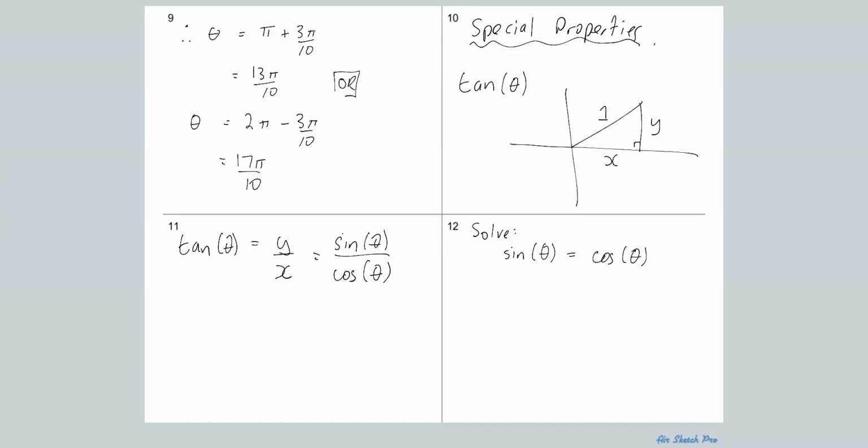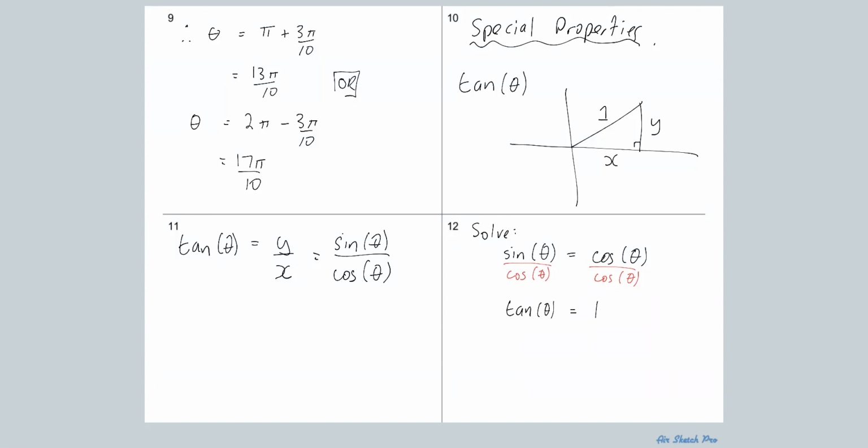Now I could do this graphically, but what I'm going to do is divide everything through by cosine theta. So I'm going to divide the left-hand side by cosine theta, and I'm going to divide the right-hand side by cosine theta. Now, cos theta divided by cos theta, that's just a number divided by itself, right? So that's just 1. And sine theta over cos theta is tan theta. So that tricky equation ends up just being tan theta equal to 1.